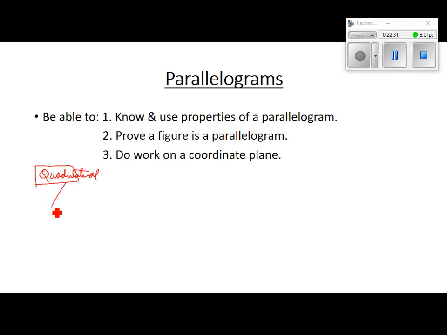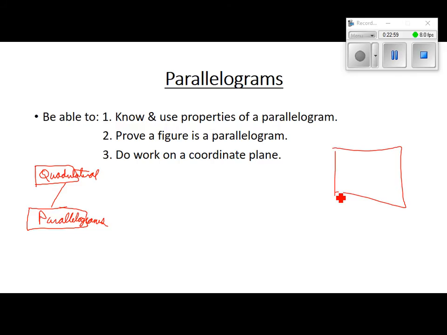Off of quadrilaterals, we're gonna add other things as the rest of this chapter goes on. What kind of shape is that? A square. No, it's a quadrilateral.